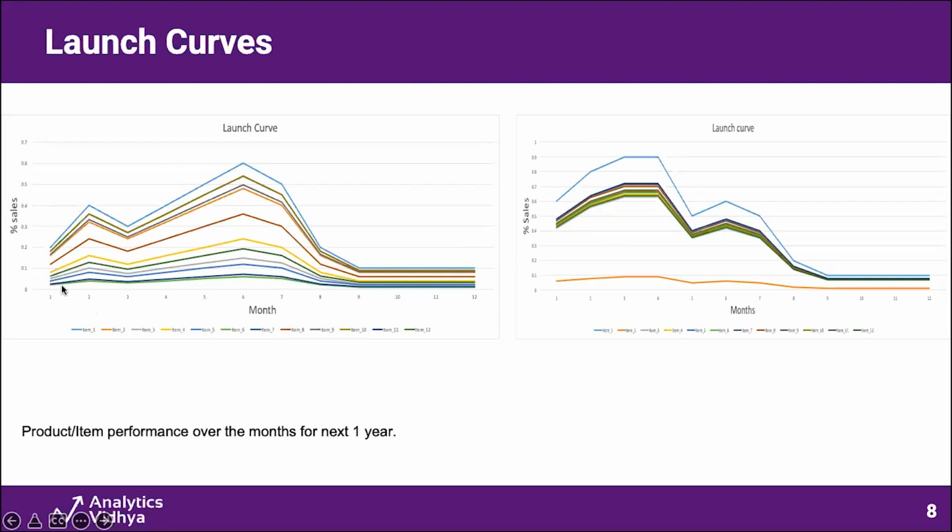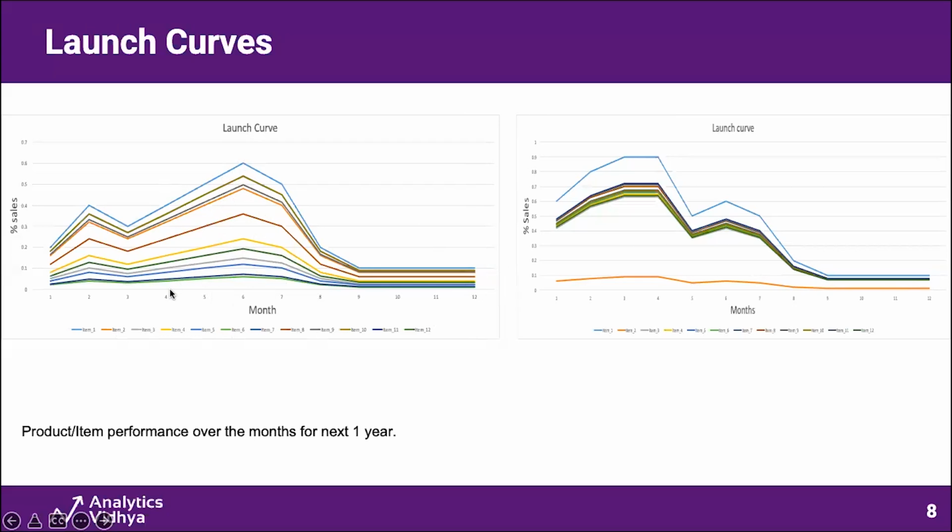One particular item is going like this, second is like this, third like this, but overall, most of the items of this particular cluster are making a good amount of sales in the 6th month after the launch, and then after 12 or 13 months after the launch, it's almost dying. So that's what a launch curve gives you, a picture of how your product is behaving. Now this is a very ideal case.